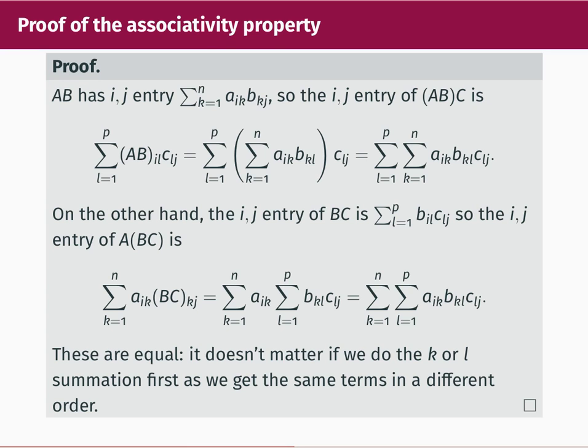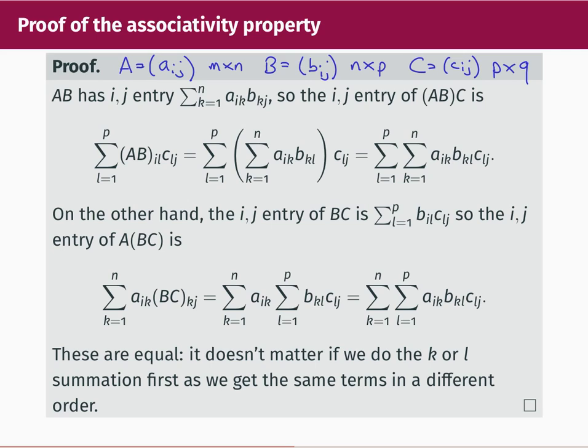So here it is. As a reminder, A was an m by n matrix and its ij entry was little a subscript ij. B was an n by p matrix and its ij entry was bij. And C was a p by q matrix whose ij entry was cij.